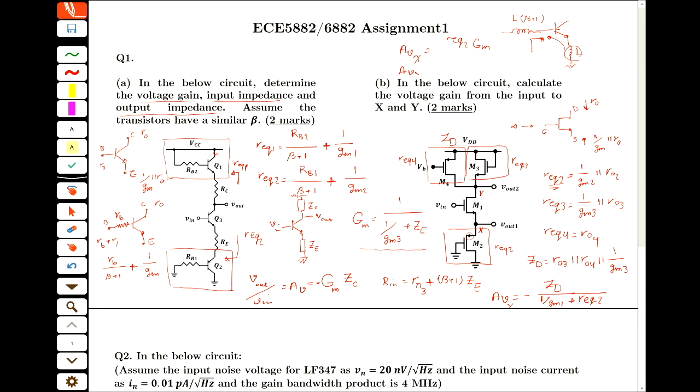AV at Y equals minus ZD times GM, and GM is calculated from this formula, 1 over GM plus R equal to.